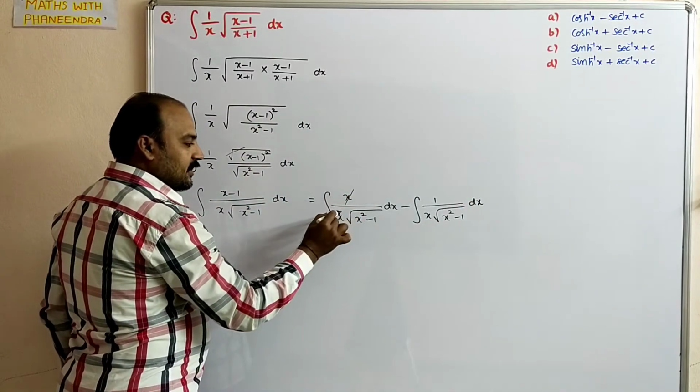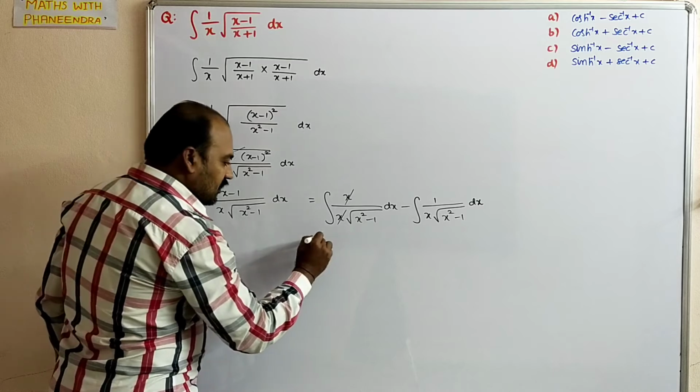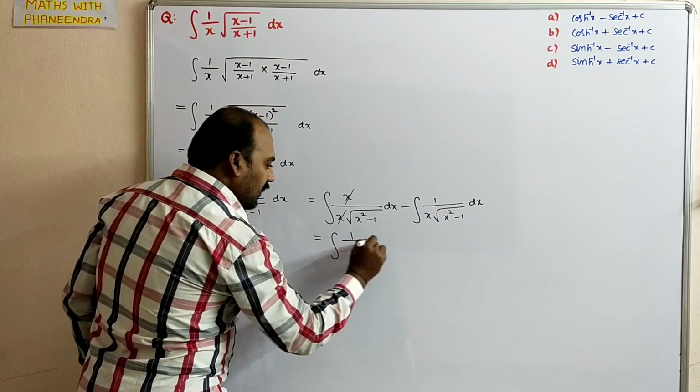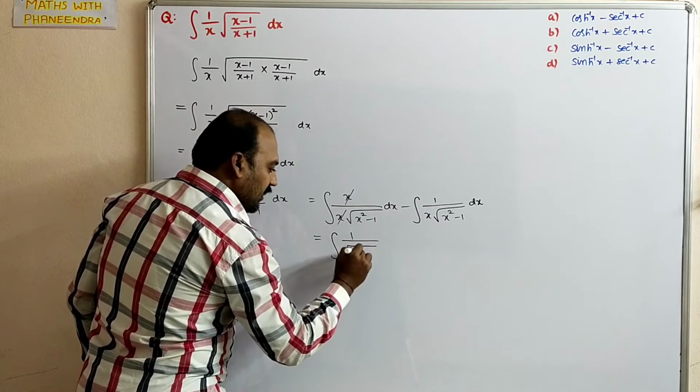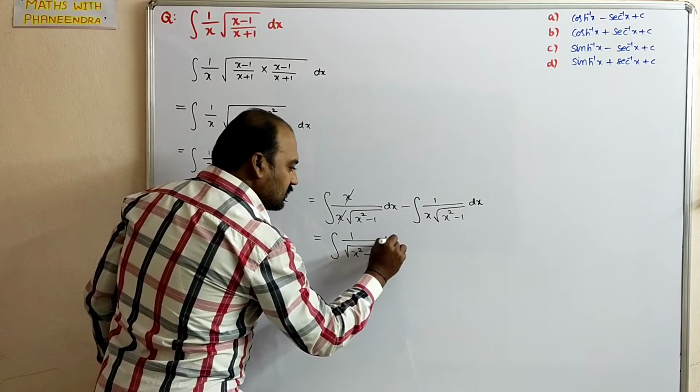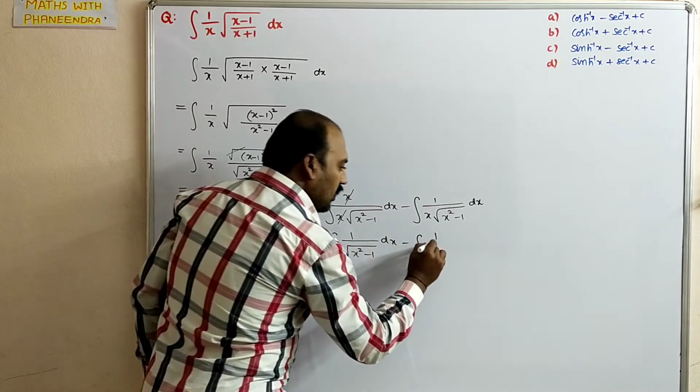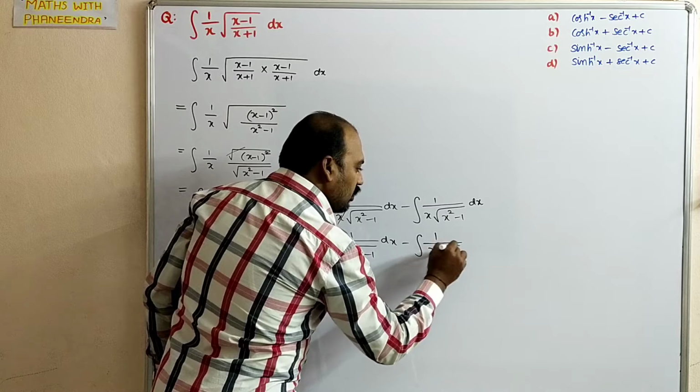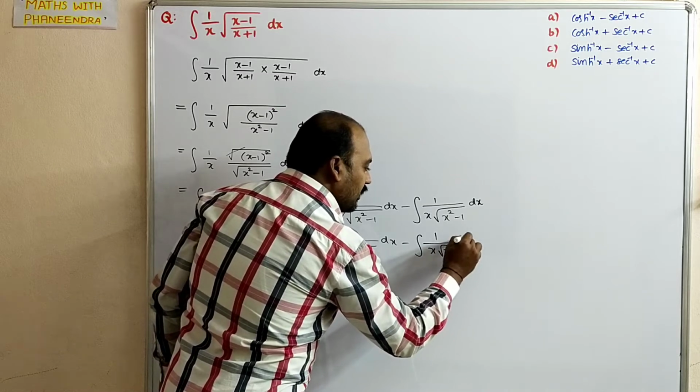So x gets cancelled, which is equal to integral 1 by square root of x square minus 1 into dx minus integral 1 by x into square root of x square minus 1 into dx.